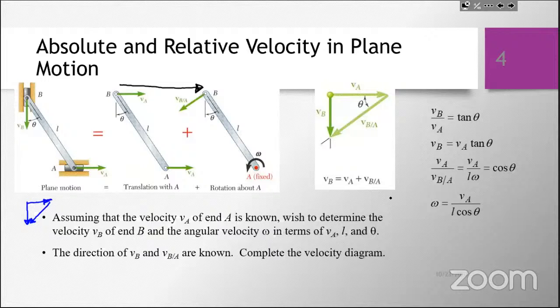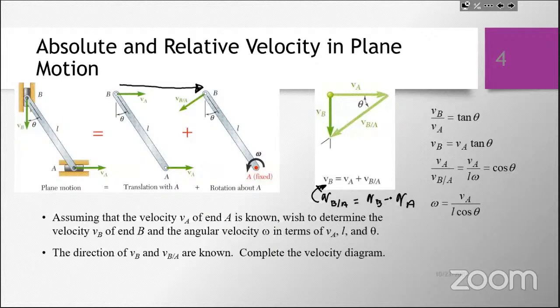The equation is given here for VB, but it comes from V of B with respect to A equals VB minus VA. One minus the other. Once we know that, we can do the algebra to get into that form.